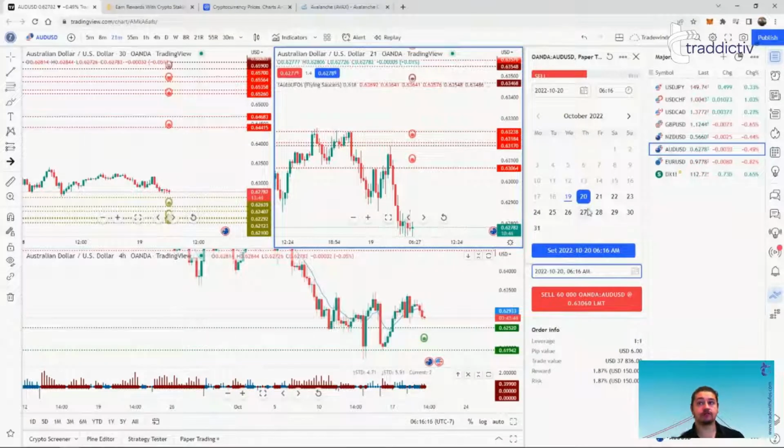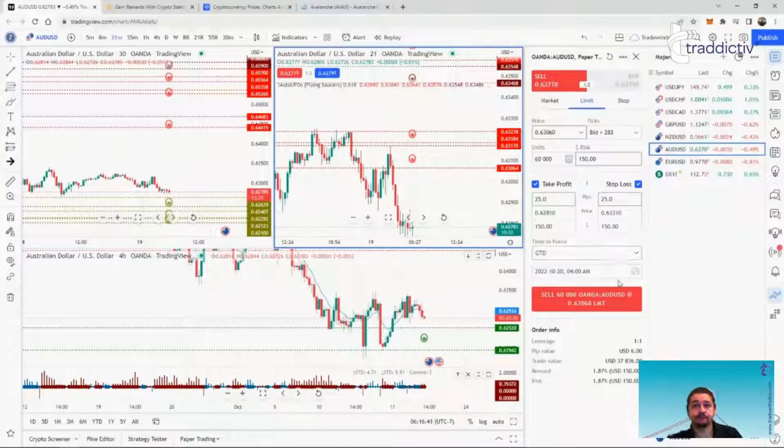So if we want to just round it up, it's 6:16 right now, my time. So by tomorrow, by essentially 4 a.m., this trade needs to work. Otherwise, it should get canceled.